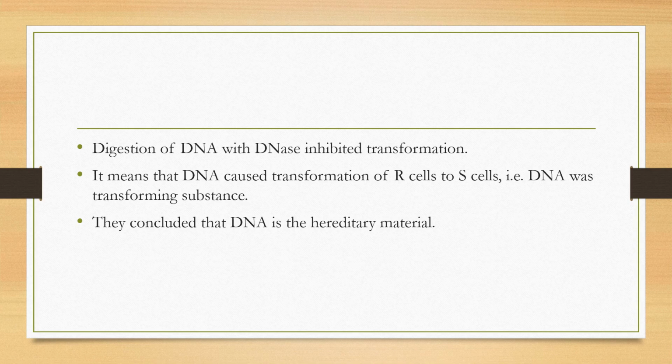This was the observation: when digestion of DNA was done, the process of transformation was inhibited, and they concluded that DNA is the hereditary material. It was DNA only which transformed the R cells to the S cells. So this was just discovered. This was one of the experiments to prove that DNA is the genetic material.